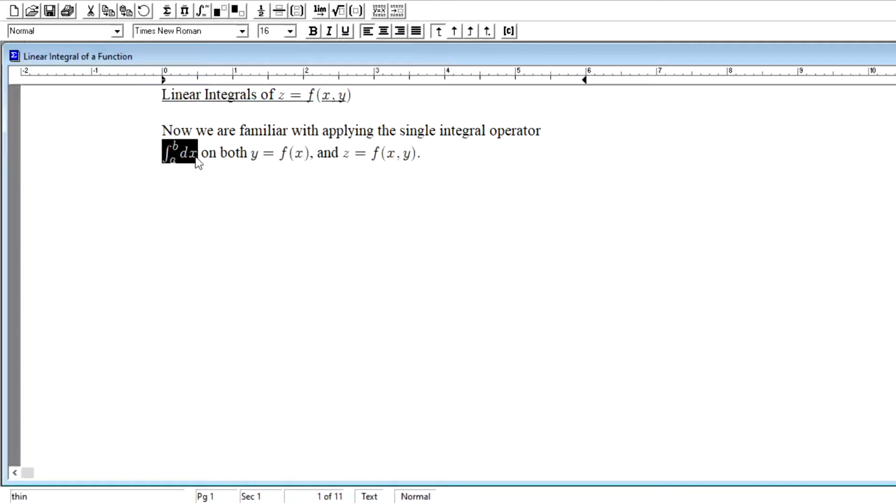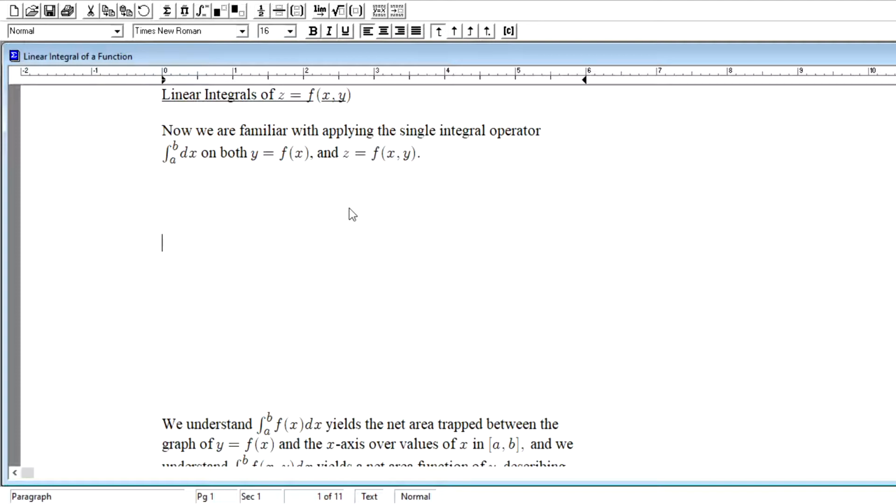And we have seen just in the previous chapter of material, in our study of multiple integrations, the idea of applying a single integral operator to some multivariable function. Right? And what results there?